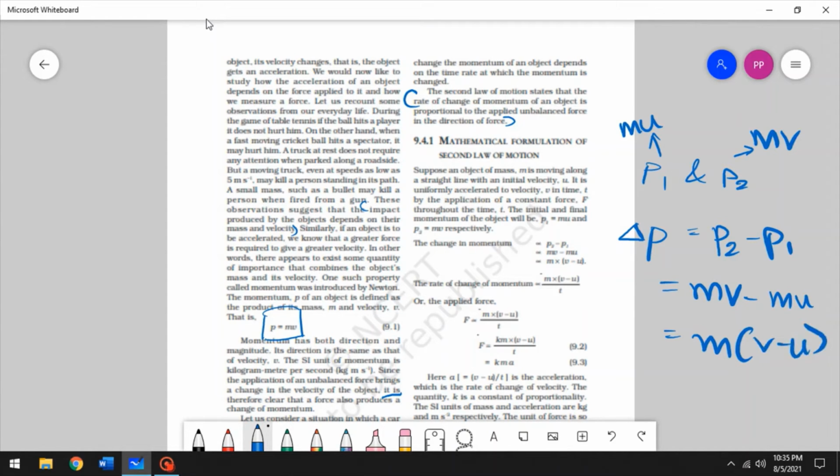Now the rate of change of momentum. Whenever you say rate, this is something that always bothered me. When people say the rate of change of something per unit time, that is grammatically wrong. The rate itself talks about the influence of time in that, right? It's like saying ATM machine. The M in ATM is already machine.